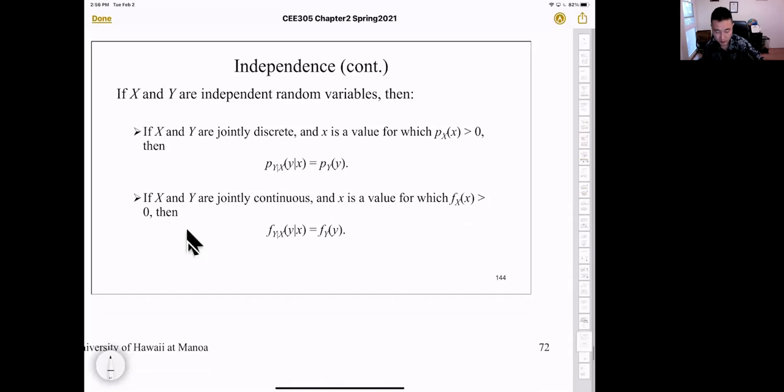And if x and y are independent variables, then the following two equations also hold true.